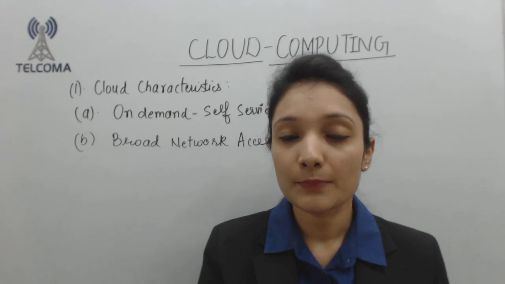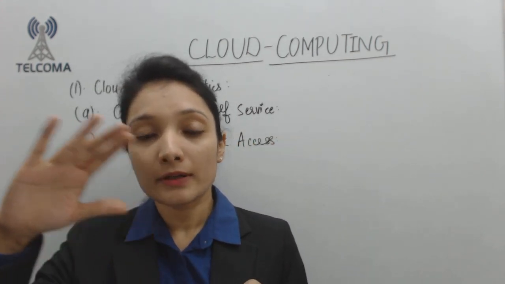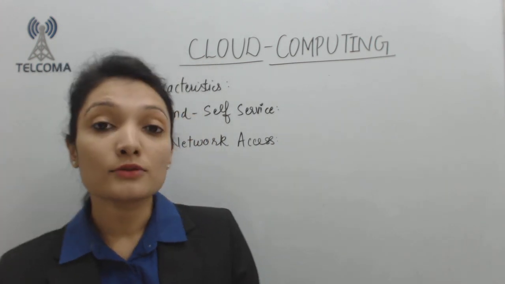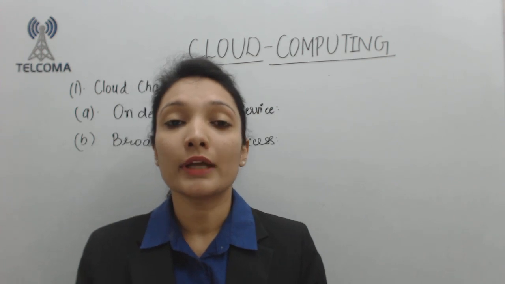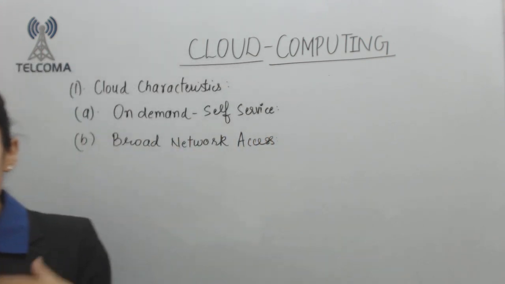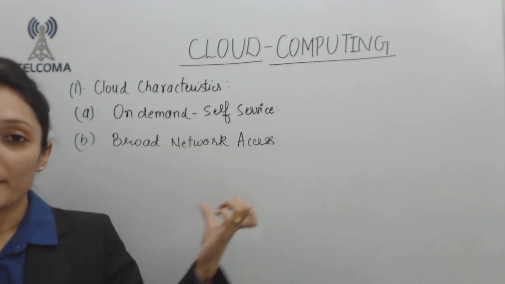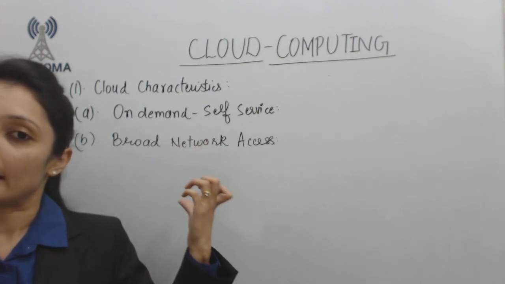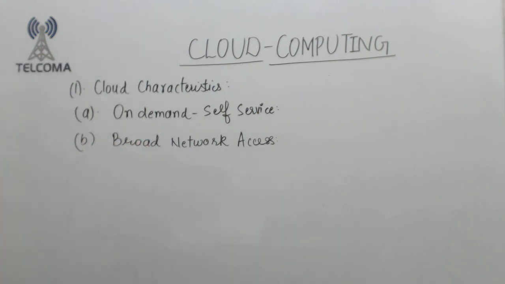When we started the definition of cloud computing, we said that it's a remote access of the various applications that can be utilized as utilities over the internet. So that makes it a broad network access technology. It is completely web and internet based. It can be accessed anytime and from any location.